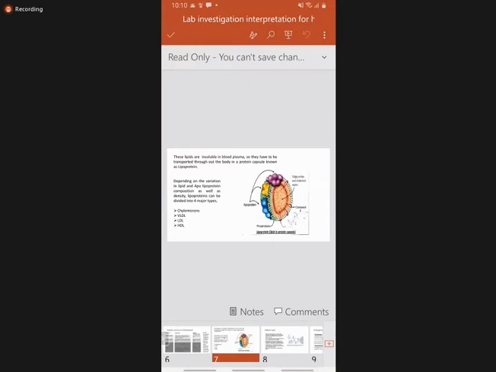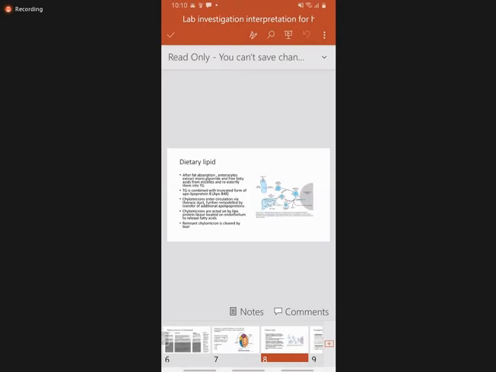So when you see that report, you have all these dietary components, the structure of the lipoproteins and their functions, what they do. When we eat these dietary fats, after the fat absorption, enterocytes extract monoglycerides and free fatty acids from the micelles and re-esterify them into triglycerides. These triglycerides then combine with apolipoprotein B48.